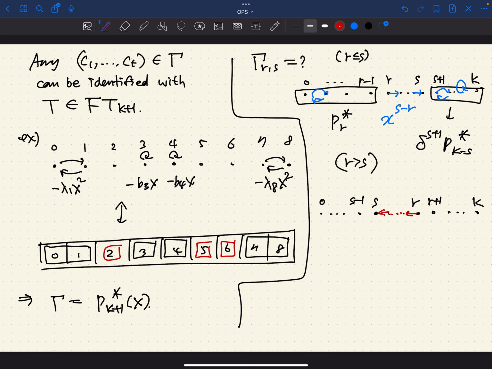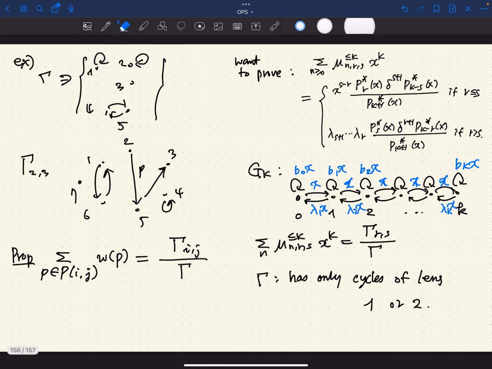This gives us the weight. If you go backward, the weight is lambda. Wait. Okay, let me just write it down. s plus 1 lambda r. Why is this off by this? Okay, I think, yeah, right.